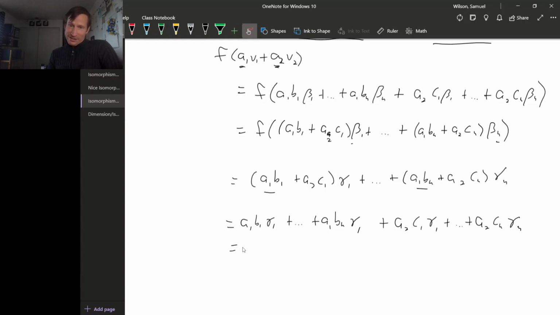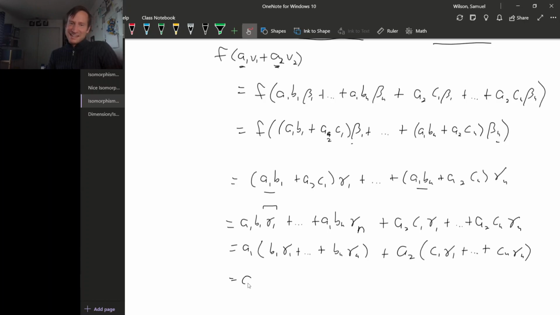Okay, so right here, this should be an n. Now let's factor out this a1. So a1 times (b1 gamma 1 plus dot dot dot plus bn gamma n) plus a2, factor out this a2, times (c1 gamma 1 plus dot dot dot plus cn gamma n).